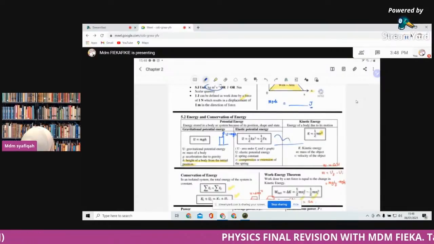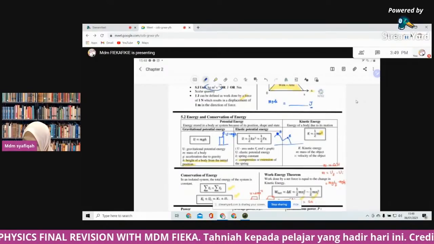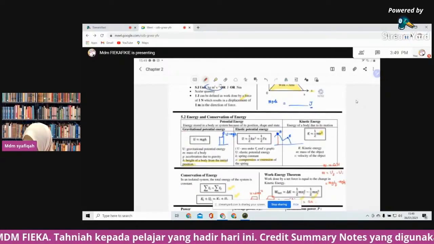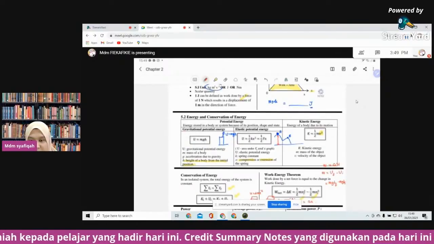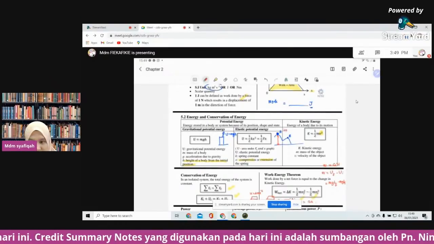Contoh. Okay. So A and B. Okay. So dekat A you ada energy apa dekat A? Okay. Kalau start from rest, okay, maknanya you ada U saja, UA.